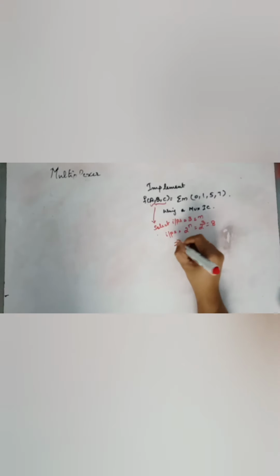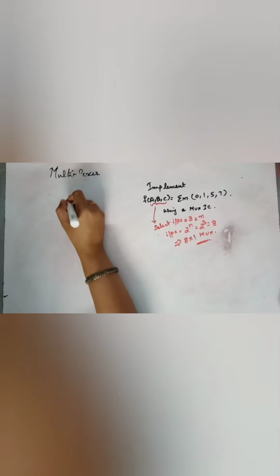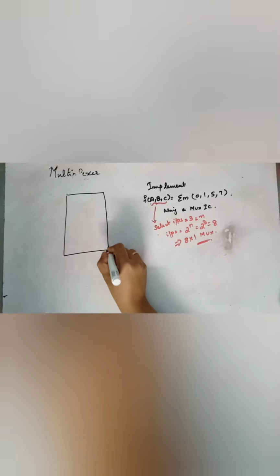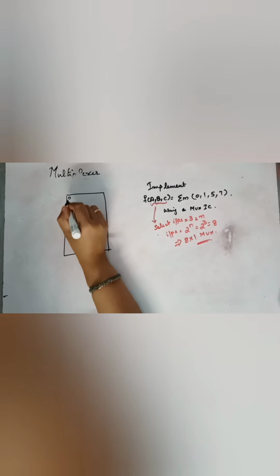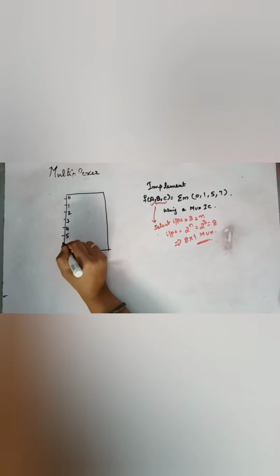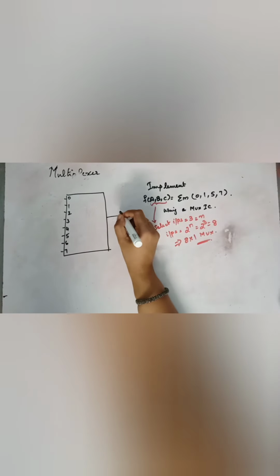So the mux is an 8 by 1 mux. So we will go for an 8 by 1 mux. So it will have inputs 0, 1, 2, 3, 4, 5, 6 and 7, and I have my output.